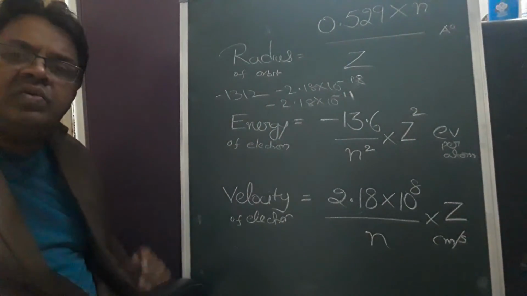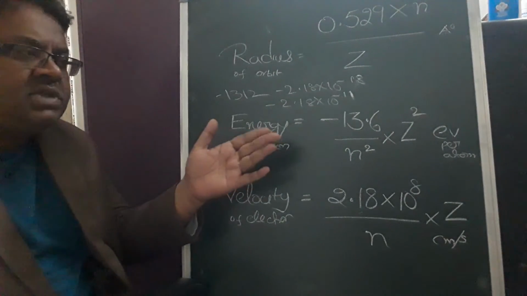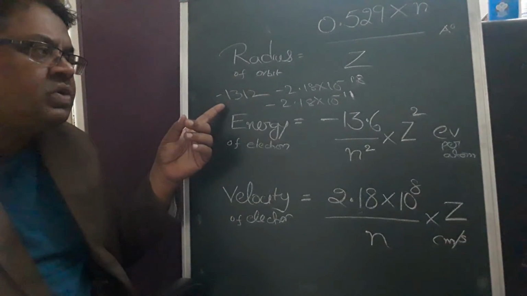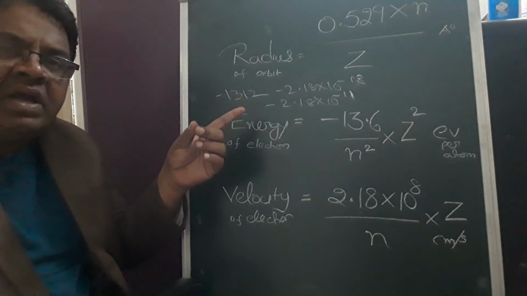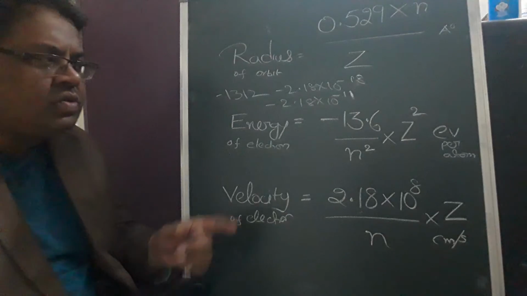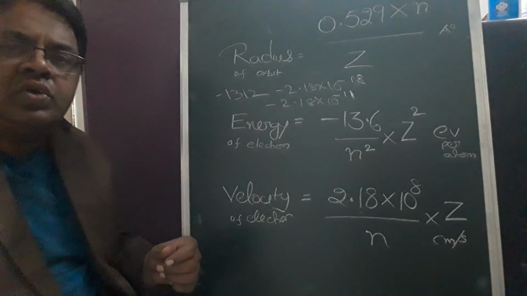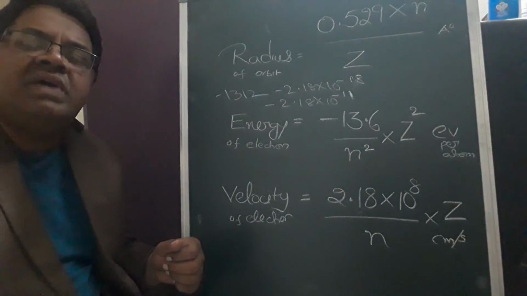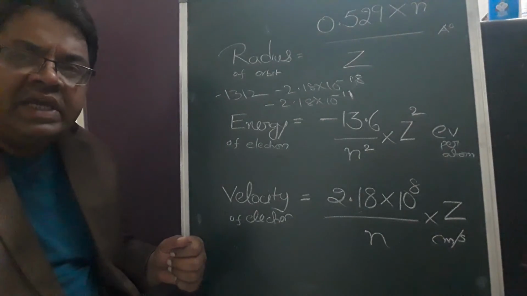So you have to learn all these four values. I am just telling about eV, but you have to refer also to 1312, −2.18 × 10^-18, and −2.18 × 10^-11 ergs. This is the ergs value, this is the joules value, and this is the kilojoules per mole value, 1312. All these values are very important and can be used in the exam.